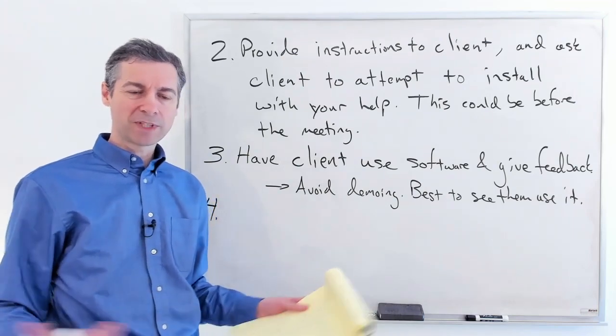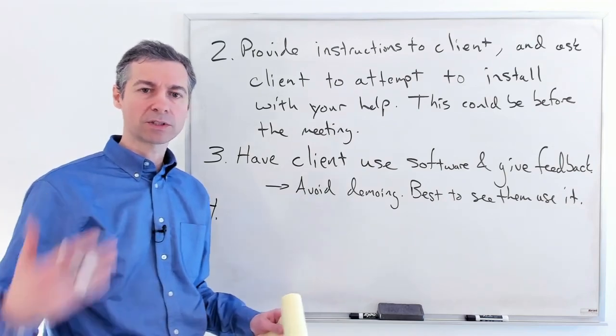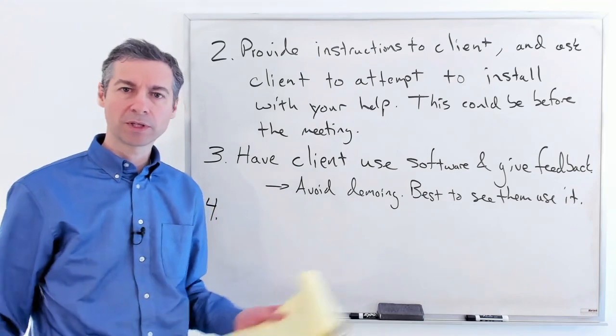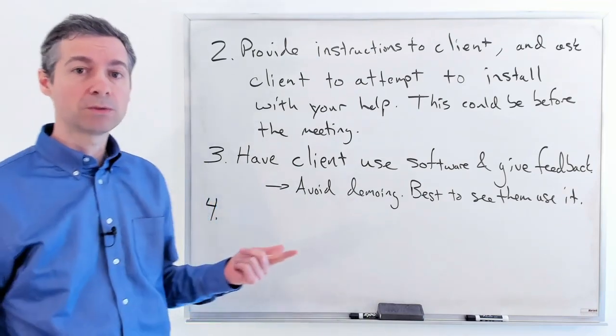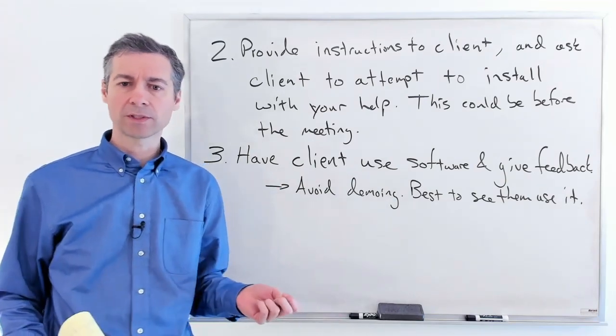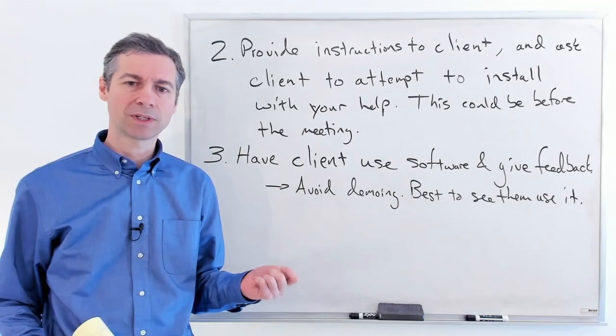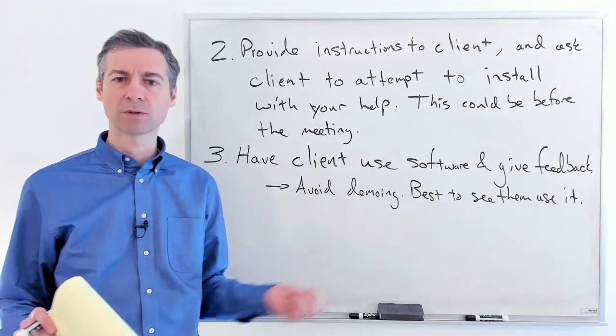And the downside of that is when I, as an instructor, go to them at the end of the course and ask, all right, were you able to install the software? Are you able to use the software? Will you use it? And they go, yeah, I've been trying to use it for the last couple of days, and I really don't understand what I was supposed to do with certain pages, and there's no documentation, there's no instructions.